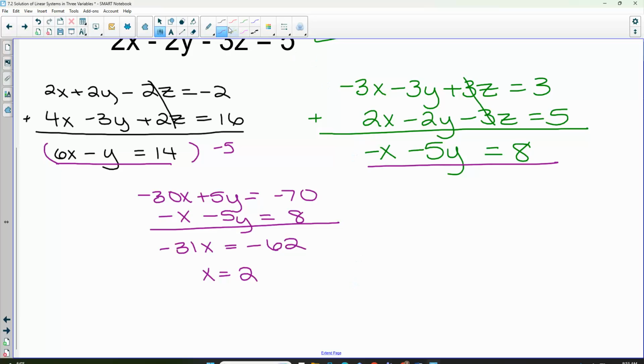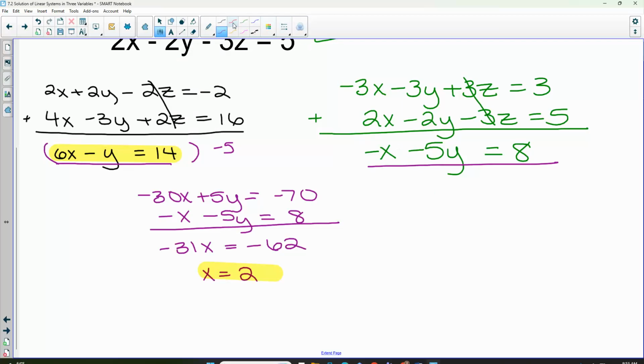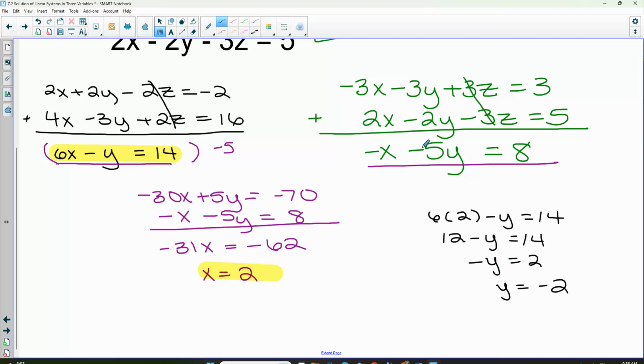Now I have x, so I can start working backwards. Once I've got my x, I can plug it into either of them. So if I just plugged it in right here, then I can get my y. So now I have my y.